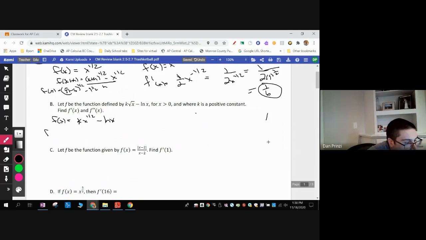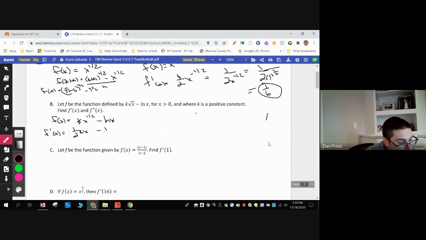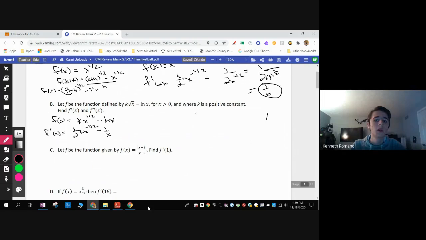So what do you think f prime of x is? 1/2 kx to the negative 1/2, minus 1 over x. Yeah, good, Kenny. You only forgot one thing though. This is negative 1/2, right? Oh yeah, yes.